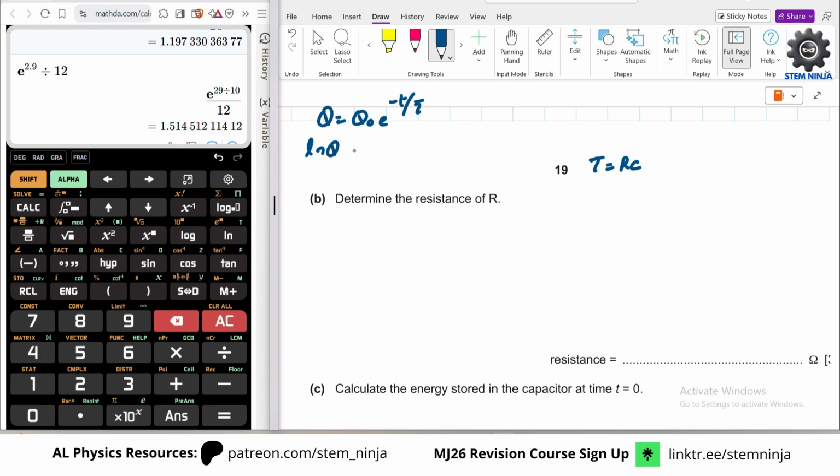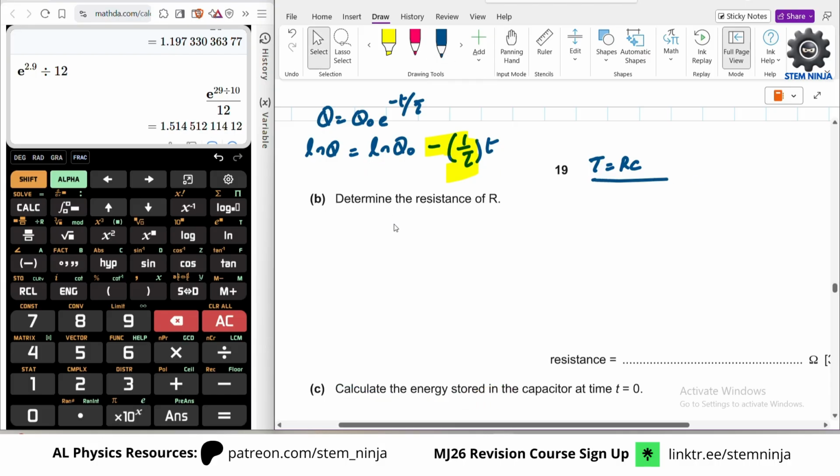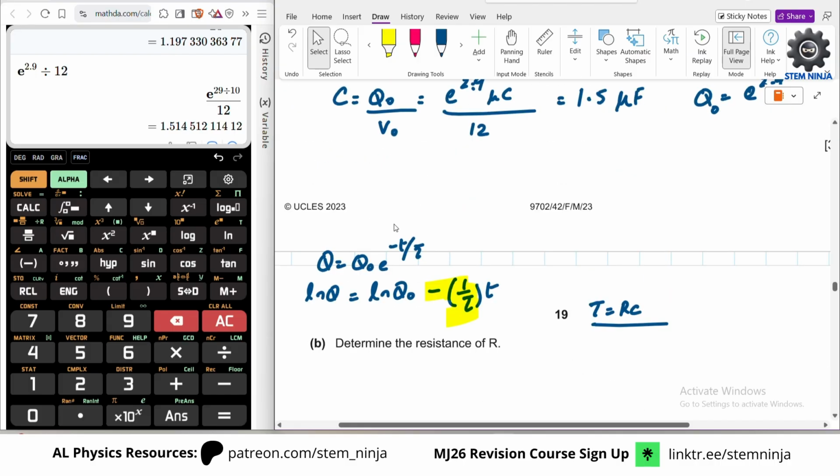When you take ln, this becomes ln Q naught minus 1 over tau times t. That means the gradient is minus 1 over tau. If we can find the gradient, we can find RC, and we also know C now. The 2.9 we figured out is the y-intercept. We just need to find the gradient.